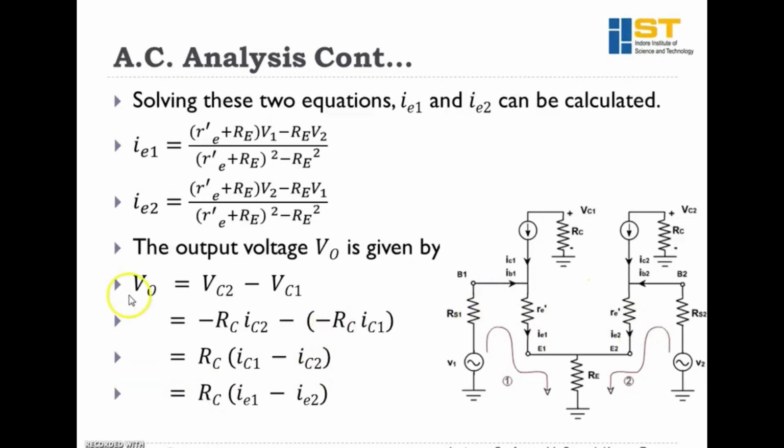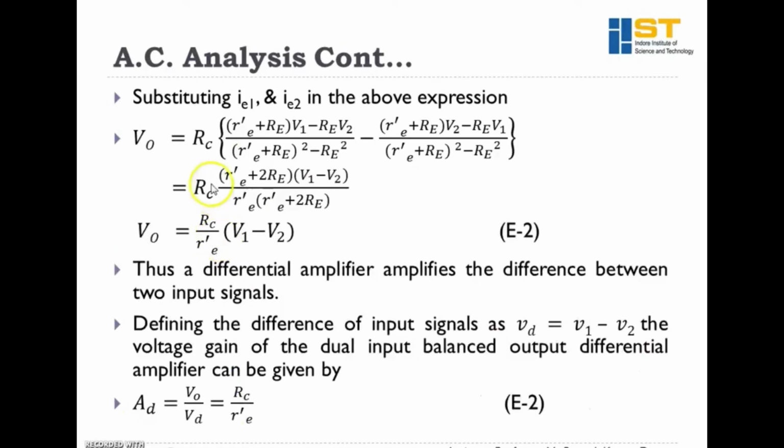So we have V0 equals RC times (I1 minus I2). Now we already have I1 and I2 values calculated here, so we just have to put these values into this equation. Substituting I1 and I2 in the expression, we get V0 equals this.